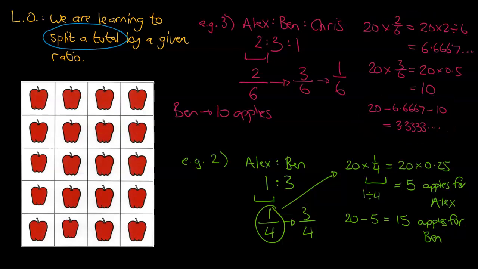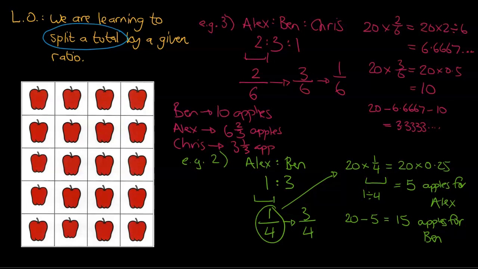So what that means is Alex is going to have 6 2/3 of an apple. They need to chop up one of the apples into parts. Alex will get 2/3 and Chris will get 1/3. And then finally, Chris is going to have 3 1/3 apples.